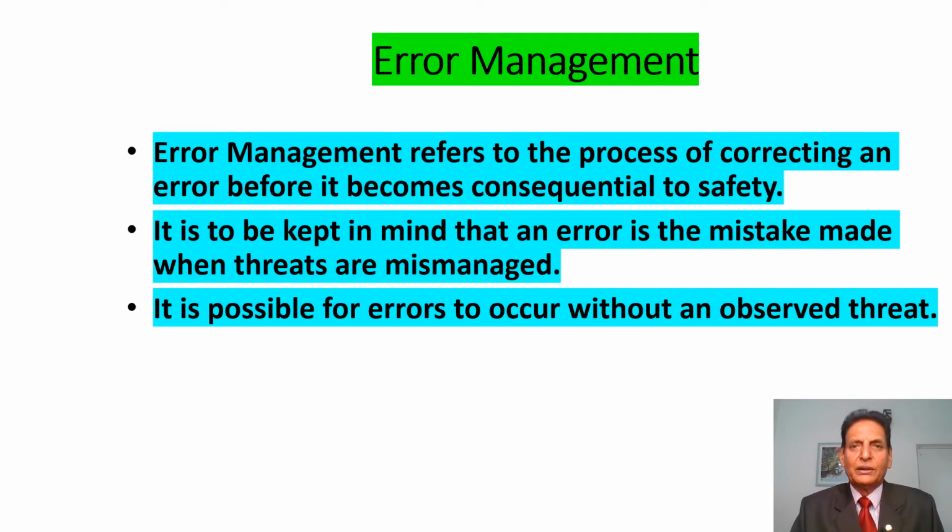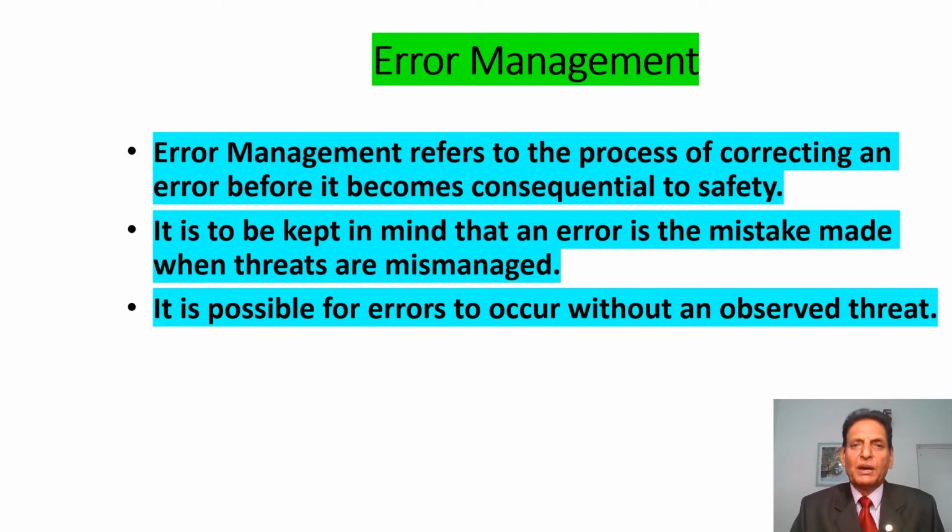Now we shall talk about error management. Error management refers to the process of correcting an error before it becomes consequential to safety. It is to be kept in mind that an error is the mistake made when threats are mismanaged.